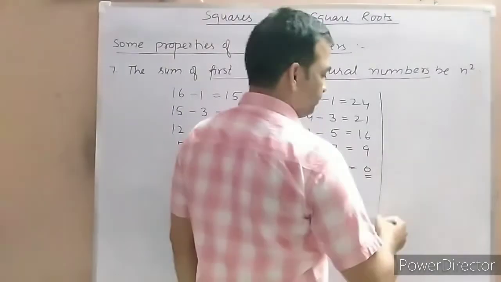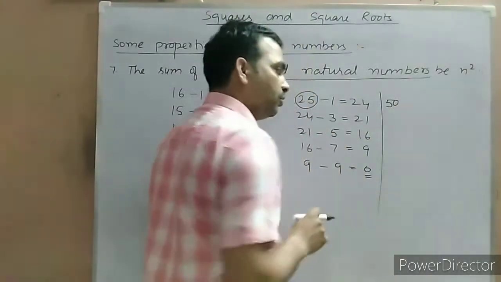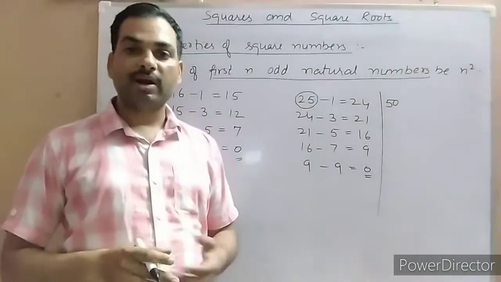For example, 50. Is 50 a perfect square number?